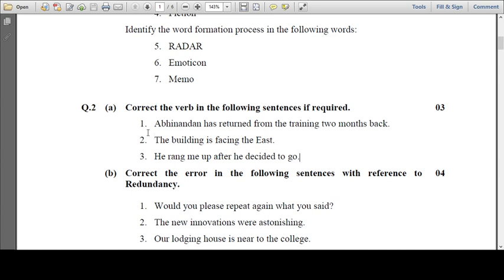So first of all, we are solving question number one. It means Abhinandan has returned from the training 2 months back. So first we are solving this sentence. So give an answer related to this one only.